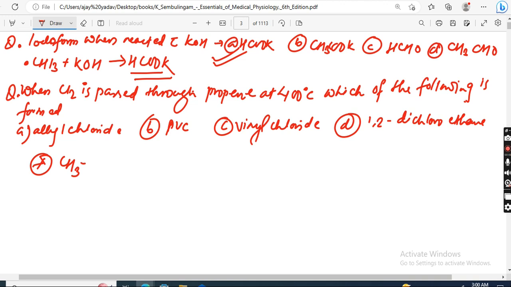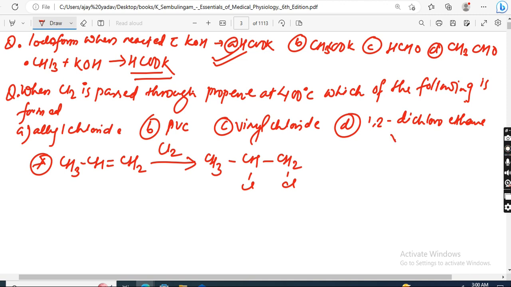So this is CH3-CH=CH2. When we react this with chlorine ideally, this should give an addition reaction, right? Because this is an unsaturated hydrocarbon, so addition reaction should be given to produce this. But here is a condition: we heat this at 400 degrees Celsius and then react with chlorine.